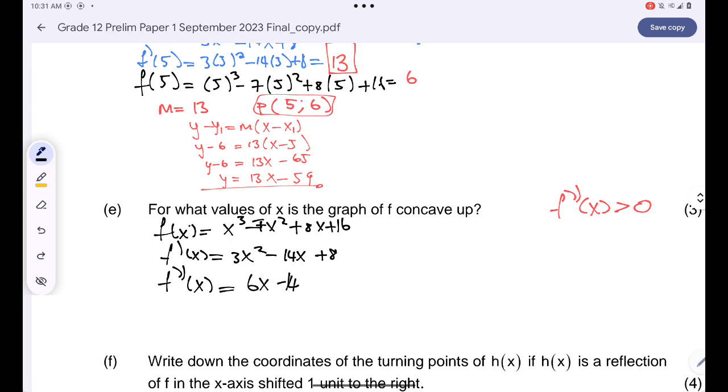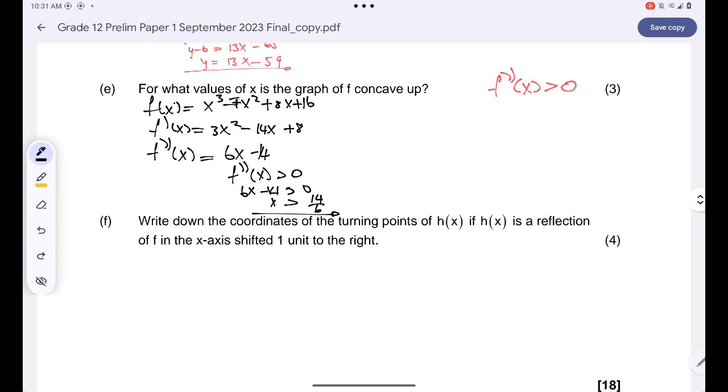So for my graph to be concave up, 6x minus 14 is greater than 0, and then x is greater than 14 over 6, which can be written as 7 over 3.